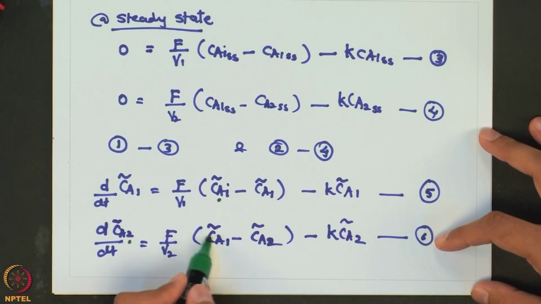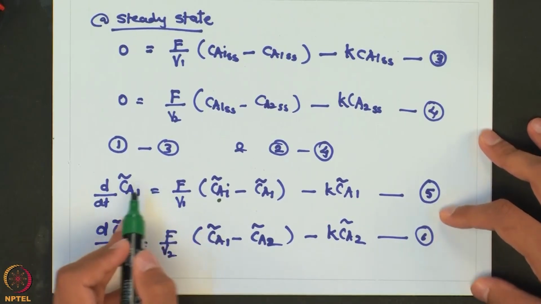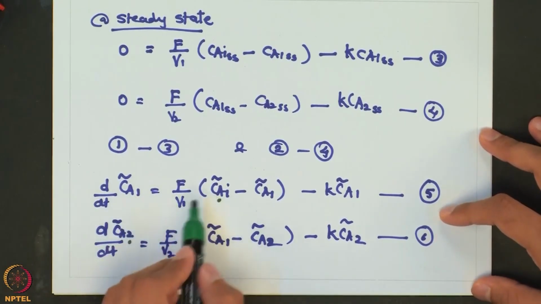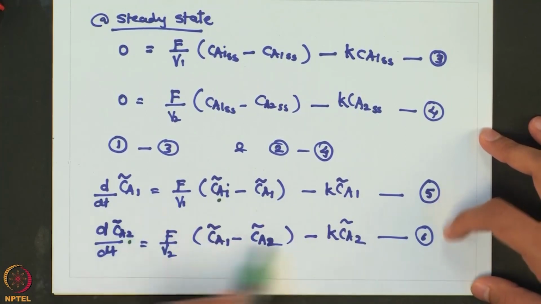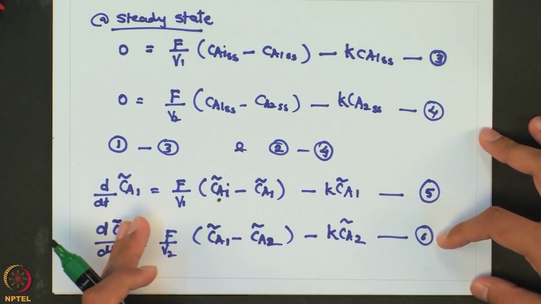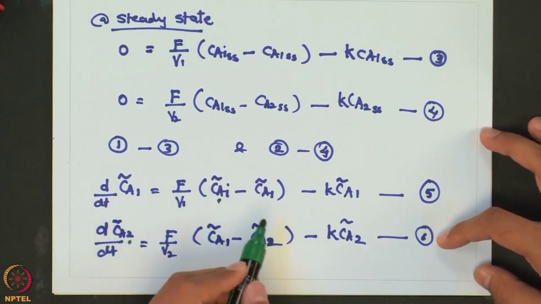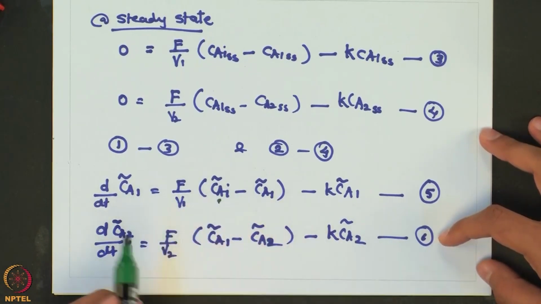Then we substitute that dCA1 over dt from equation 5, and eventually we also have to write CA1 in terms of CA2 from equation 6. Eventually, what we get is the second order term in CA2 with some contribution coming from CAI. Now, as it turns out, it becomes very lengthy.